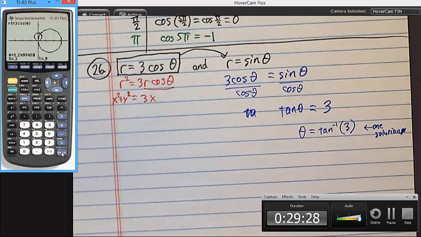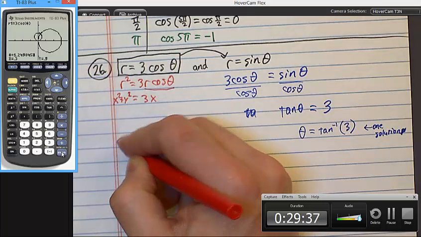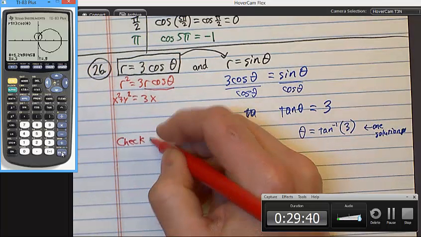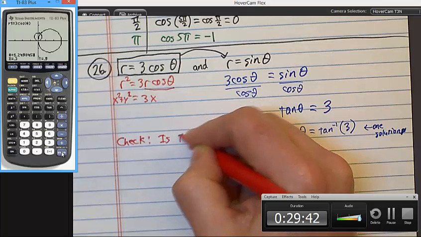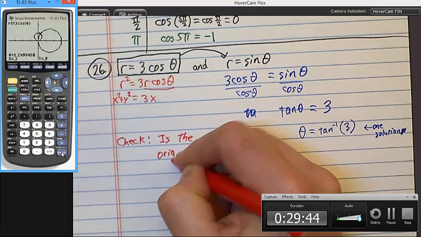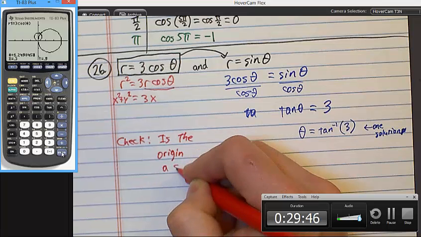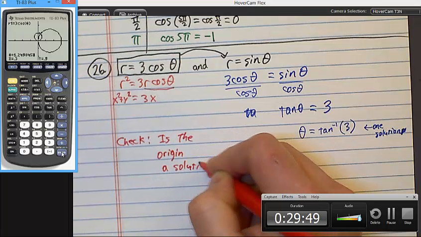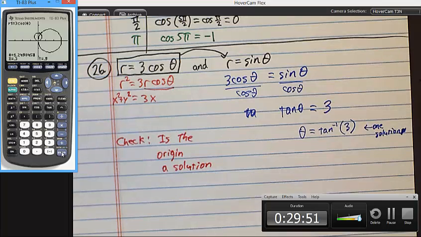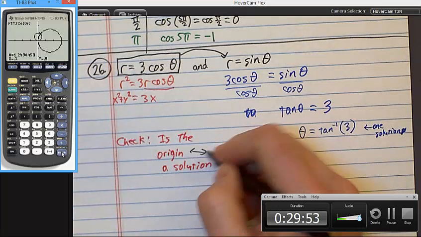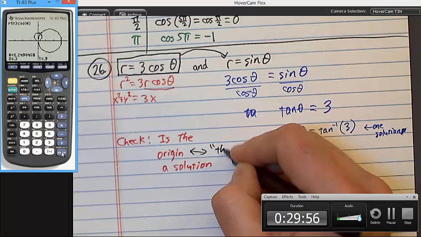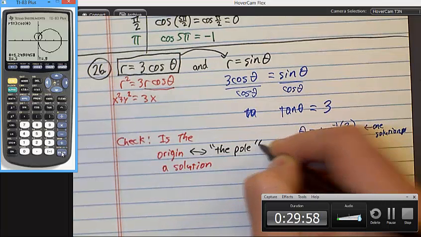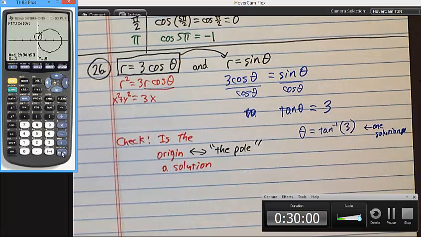Now what about the other solution? Where's the other solution does it look like? The origin. So here's the deal. We have to check, is the origin a solution? And if you read the examples in the book, Dr. Stitz calls the origin, it's sometimes called the pole. Like the North Pole or something like that.